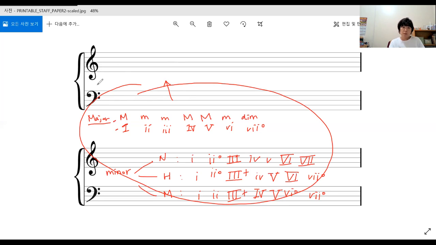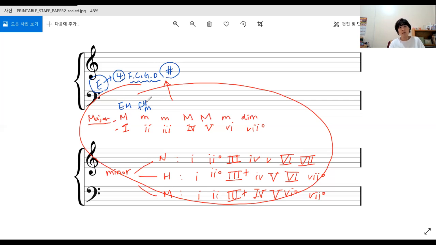So for example, E major. In the E major scale, the first chord is E major, F sharp minor. Just don't forget that E major has 4 sharps: F sharp, C sharp, G sharp, D sharp, okay? So you have to follow all the F, C, G, D. You have to put sharp, right?